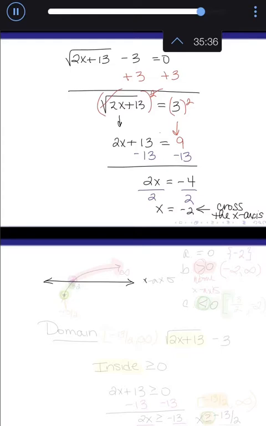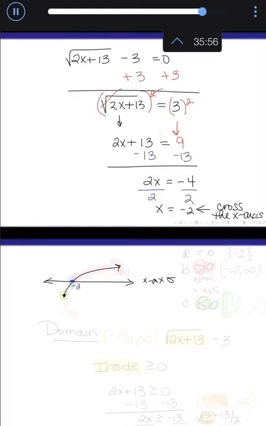Here's my x-axis, and I know that my half of a parabola, my square root graph, will cross the x-axis, as we found out, here at -2.